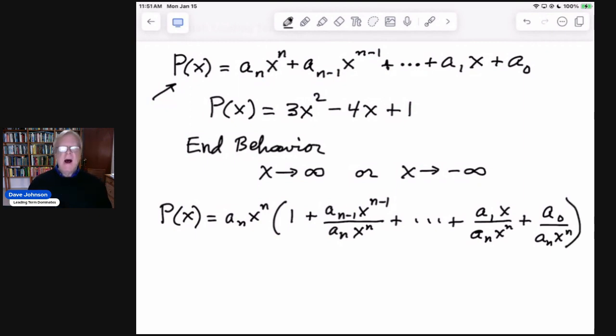So we have factored out the first term of the polynomial.